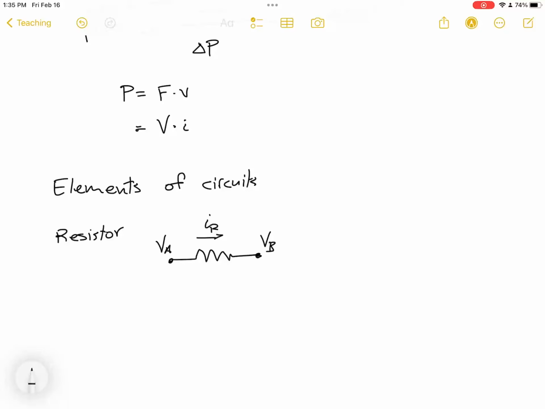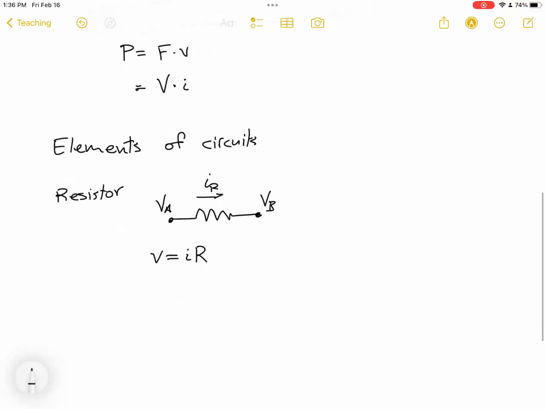You'll often see that the relationship is, let's do voltage first, the voltage of a resistor is equal to I times R, or the resistance, which is measured in ohms. What that really means is that the difference, VA minus VB, is equal to the current passing through that resistor times the resistance.